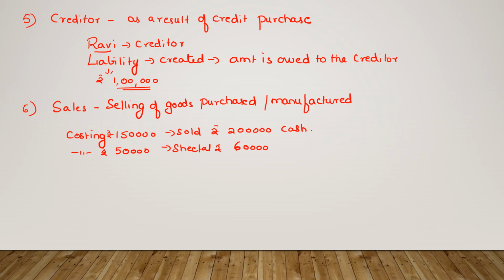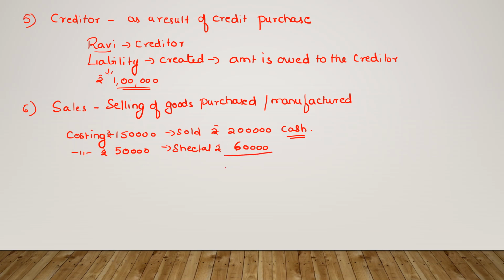Now, in this case, Smita sold goods for cash. The goods were worth 1,50,000. She added profit margin and she was able to sell it for 2 lakh. And she again made one more sale for rupees 60,000, the cost of which was 50,000. So she had purchased it for 50,000 and she sold it for 60,000.